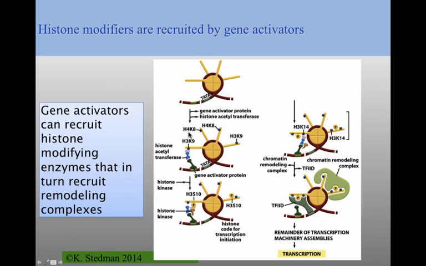Once you have that modification, you also have kinase activity. It's that kinase activity which leads to binding by TFIID, which also helps get your chromatin remodeling complex and eventually gives you transcription. So this goes from potentially even a case of heterochromatin to transcriptional activation.